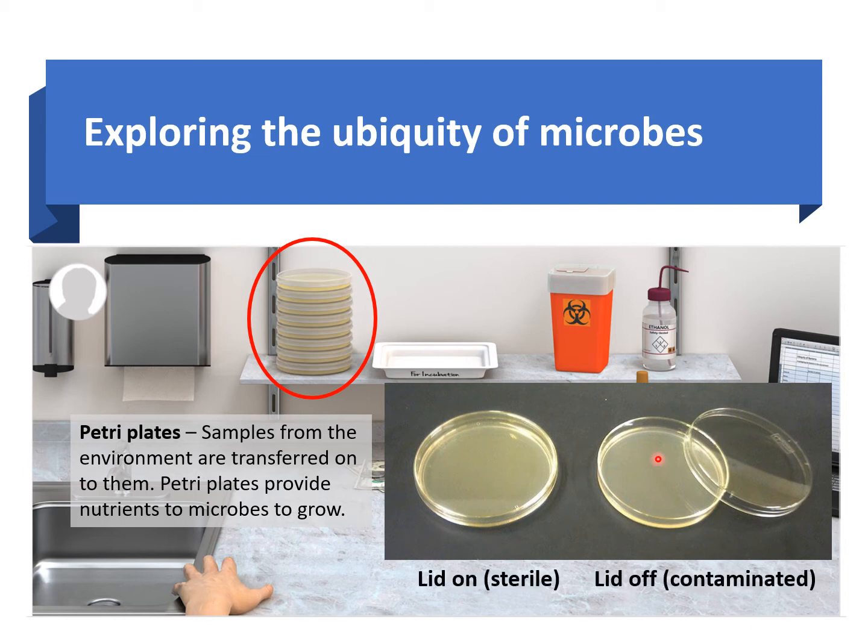This is the growth medium. This medium usually has a bunch of nutrients to help the bacteria grow, because for us to culture bacteria, they need food. So that medium is going to provide the nutrients for your bacteria to grow.